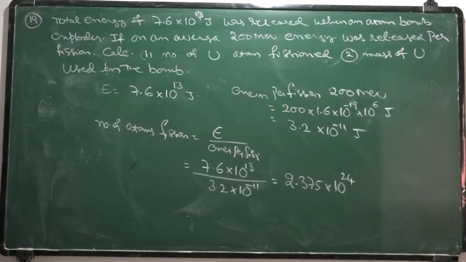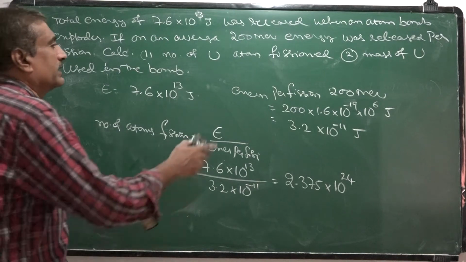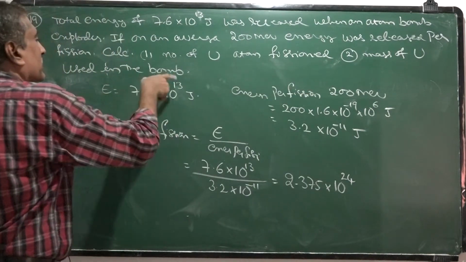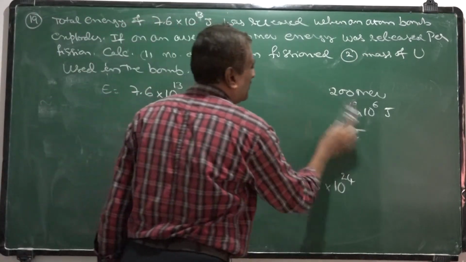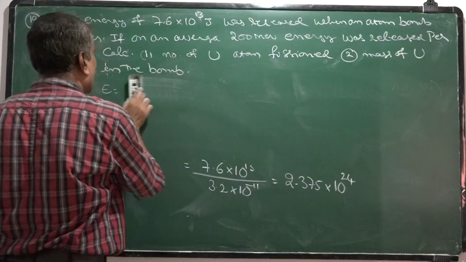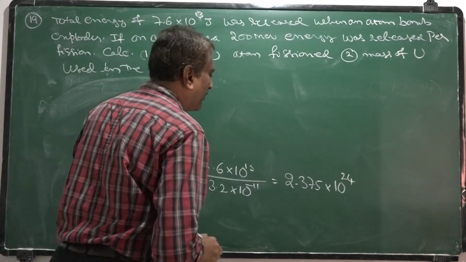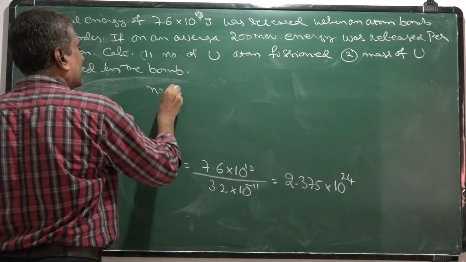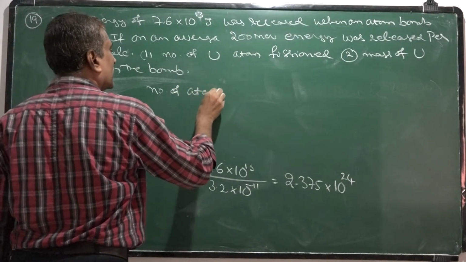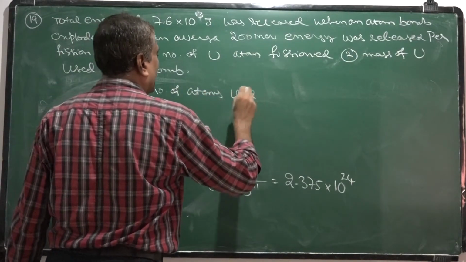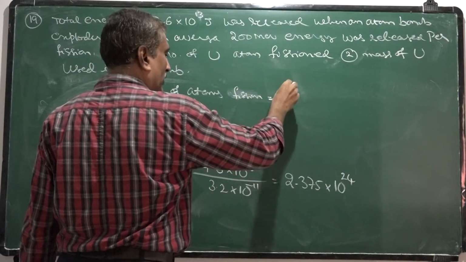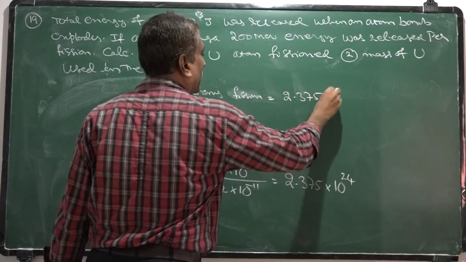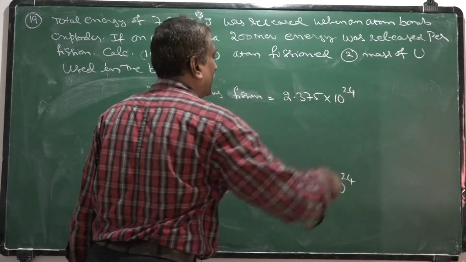Okay, and next one to calculate, second one is mass of uranium used in the bomb. Okay. So, number of atoms fissioned in the bomb is equal to 2.375 10 to the power 24 atoms.